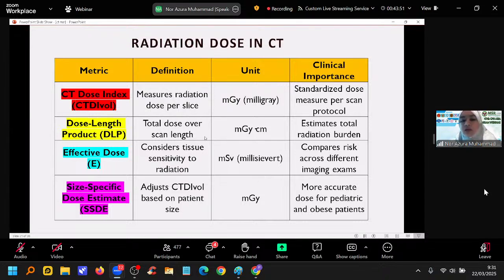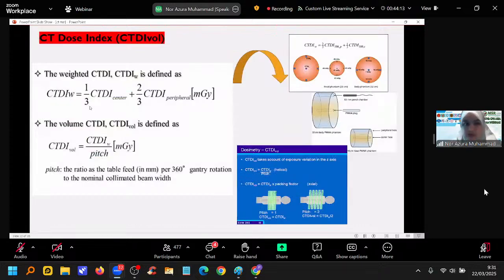And SSDE adjusts the CTDI volume based on the patient size, in milligray, so this one is a more accurate dose for pediatric and obese patients. Okay, so let's have a look one by one at how these radiation dose metrics in CT are measured. Okay, so CTDI volume starts with the CTDI weighted, defined as 1/3 of CTDI center plus 2/3 of CTDI peripheral.